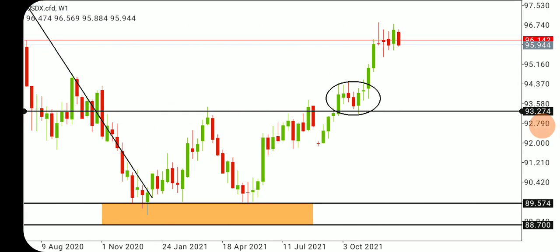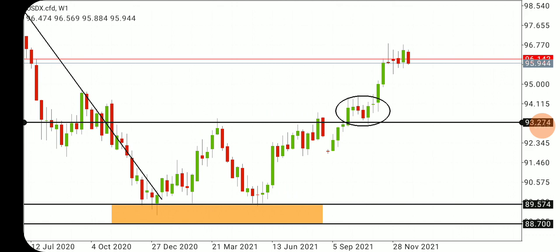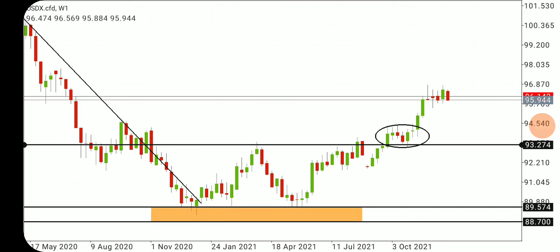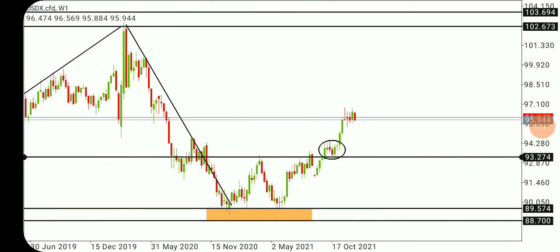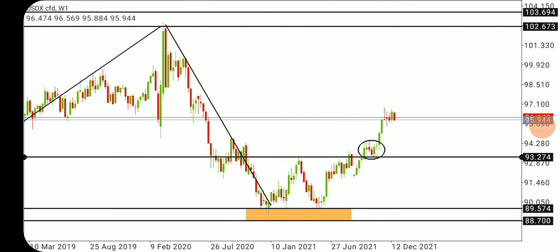You see, this became a break and retest of this neckline for the double bottom, and then it went all the way up, right? So there's still momentum on the upside, you see.